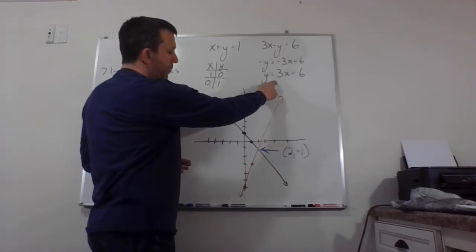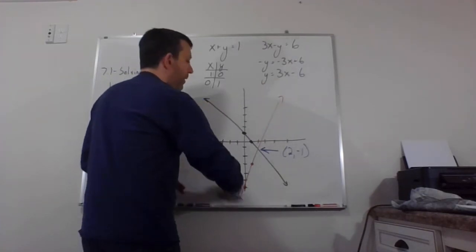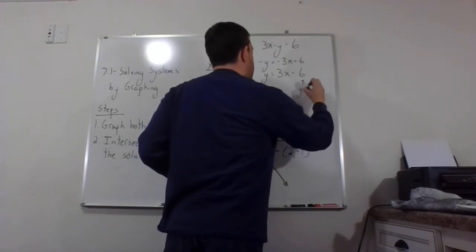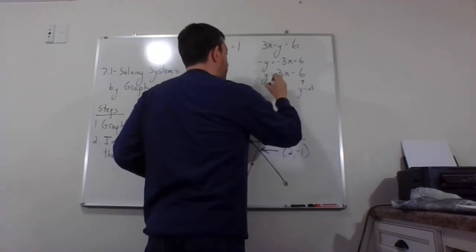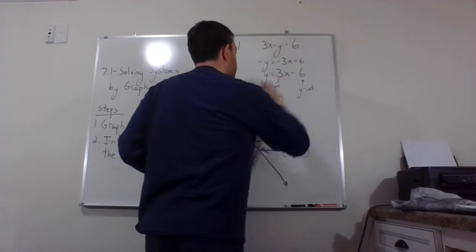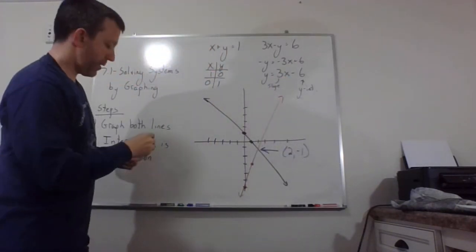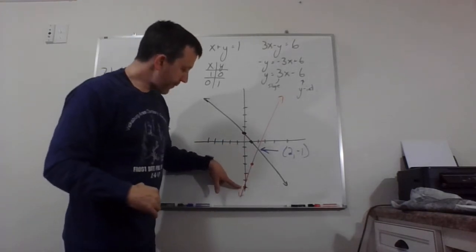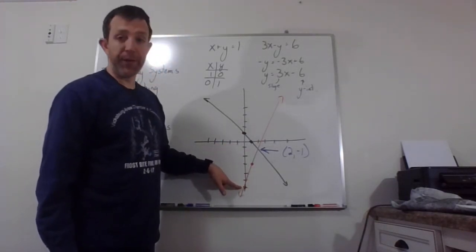So remember, for slope-intercept form, the negative 6 here is my y-intercept, and the 3 is my slope. So you'll notice, and this is the line here in red, if you can see the color, down at negative 6, I get a point. There's my y-intercept.